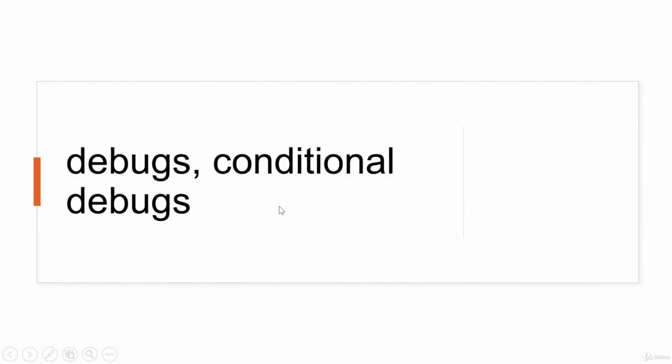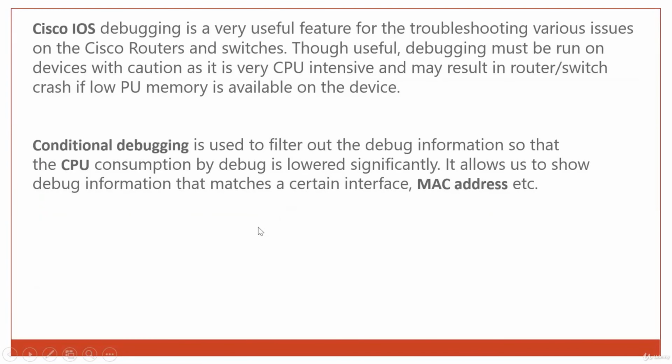We have debugs and conditional debugs. We know that in Cisco routers and switches, we used to run debugs to know more about what is happening in the break scenario or what is happening behind the scene. But whenever we are enabling the debug, there is a chance that we can increase the CPU, obviously, because now you are getting all the information about what is happening to that particular process.